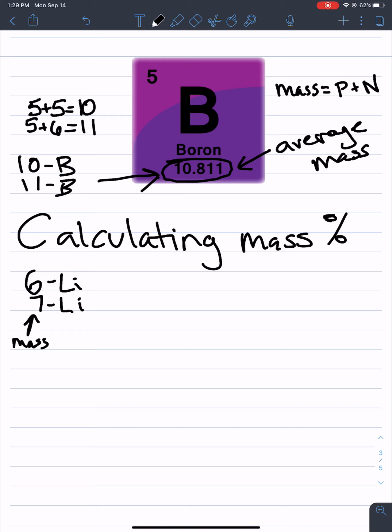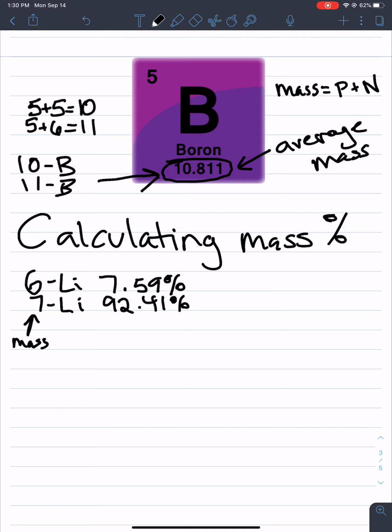We know that our total lithium is about 7.59% for 6 lithium, and about 92.41% of 7 lithium. So 7.59% of the lithium atoms found in nature have a mass of 6, and the other 92.41% of the atoms found in nature have a mass of 7. So we need to calculate our average mass.